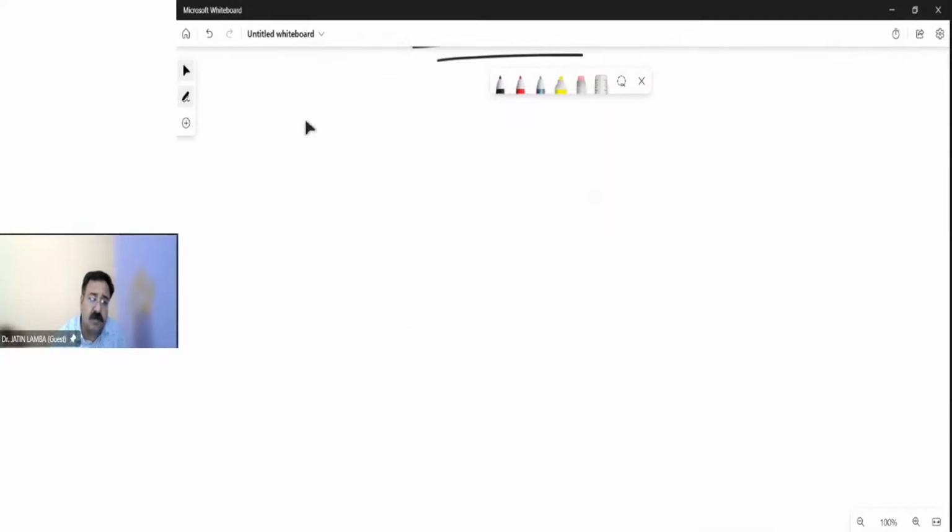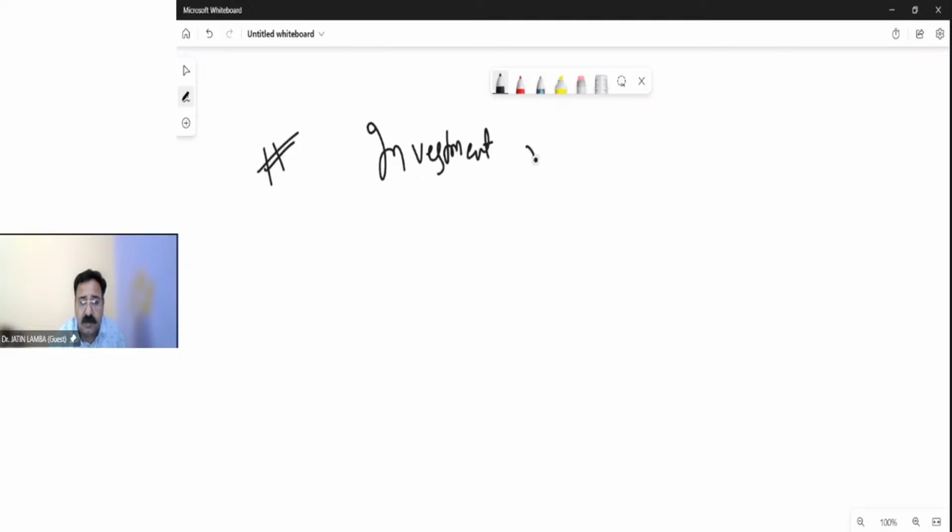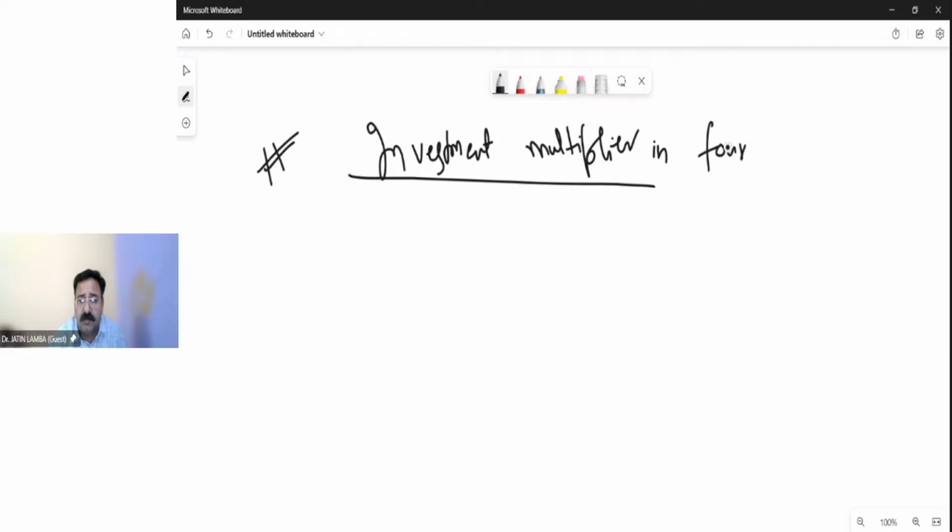In 4 sector model, one of you has asked कि in 4 sector model what will be the formula of investment multiplier. So investment multiplier in 4 sector model will be same beta.